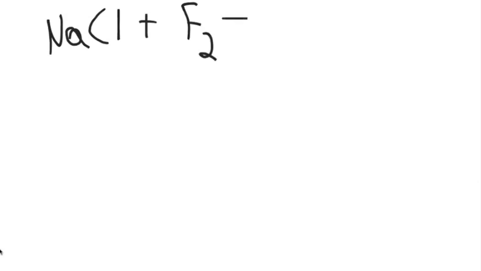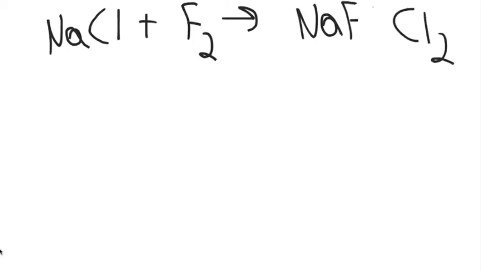Let's start with single replacement. Single replacement means that one ion replaces another. So for example, we're going to do NaCl plus F2, which is going to give us NaF plus Cl2.